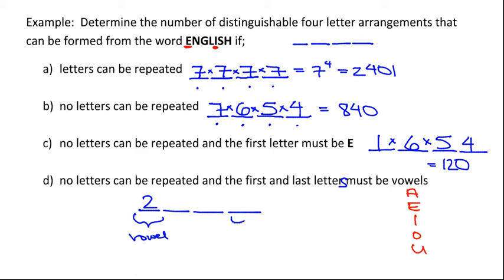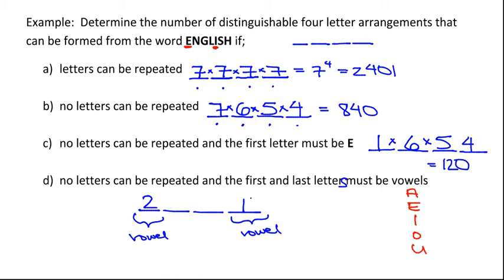For the last vowel, since I've already selected one to go first, I'm left with only one possibility. So for example, if I picked from E and I, so from my 2 options, let's say I picked E to go first, that means that there would only be one vowel left, I, to go last. Okay, so that takes care of those vowels.